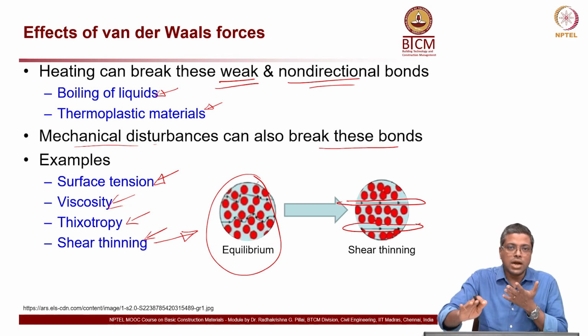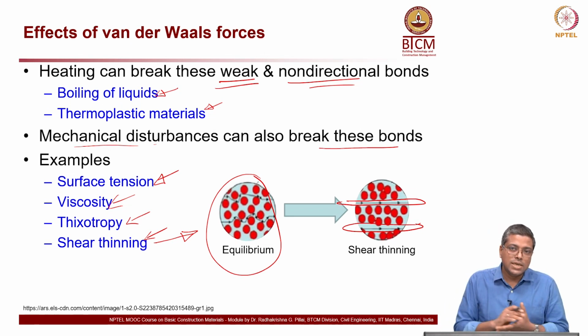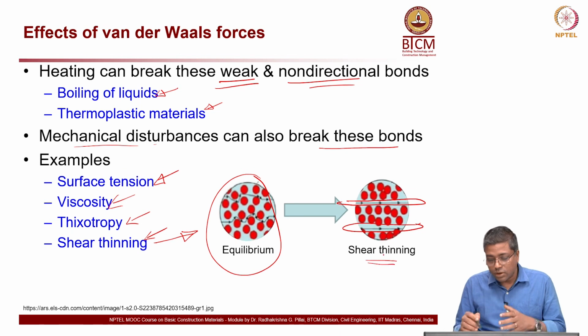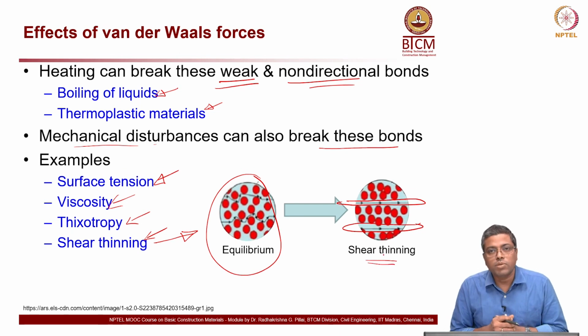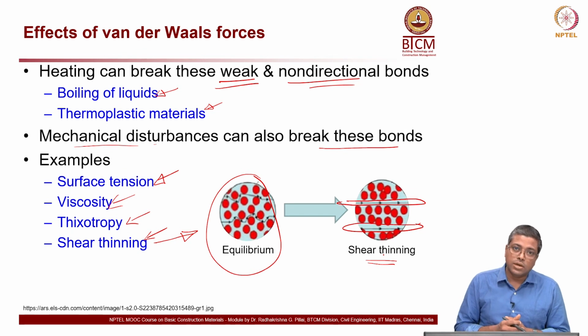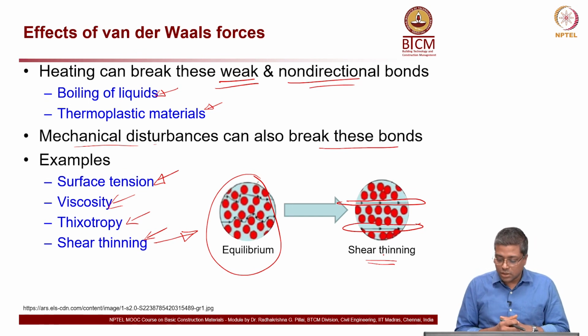So, the material starts flowing, it flows easily, or the force required to induce further flow of the material is relatively less, and that behavior is what we call shear thinning. I covered this in the previous lecture on the concepts of materials engineering.